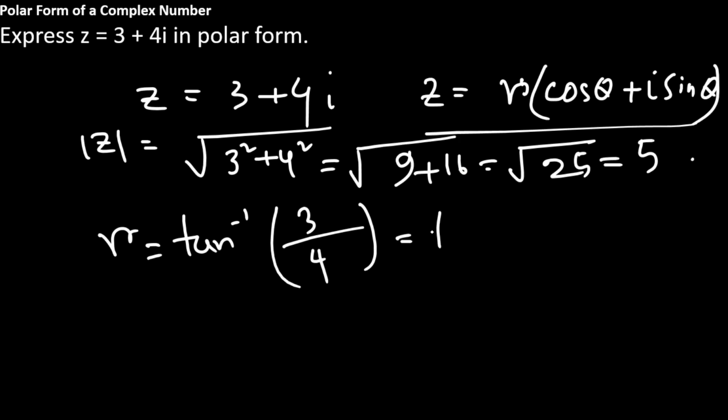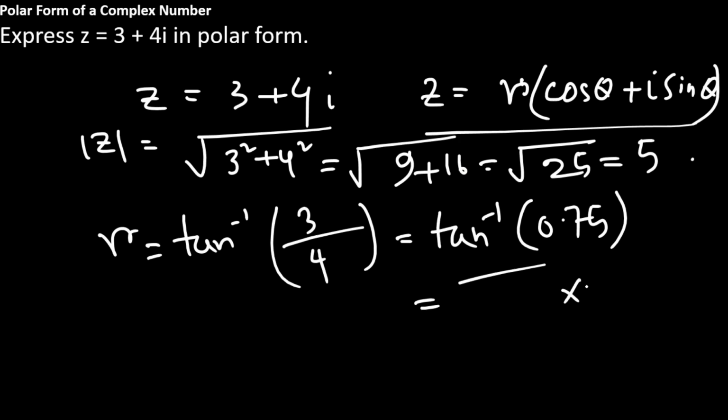So now it will give me tan inverse 0.75, so it will give me the value. After this value we need to multiply with 180 over pi, so we will get the degree.